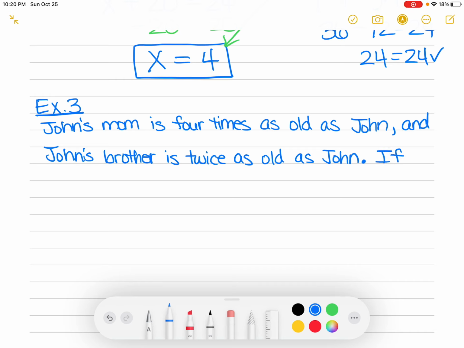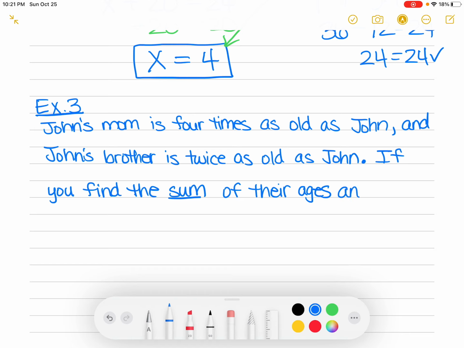And now it's going to say if you find the sum, so remember what sum means, that's a key word, of their ages, and add 3, you get 80.